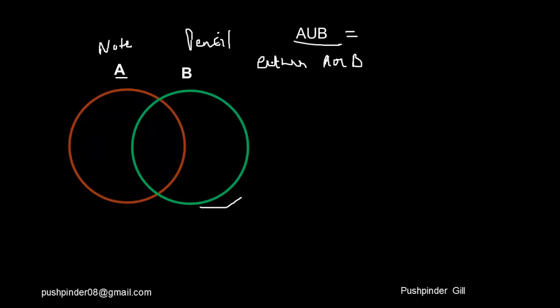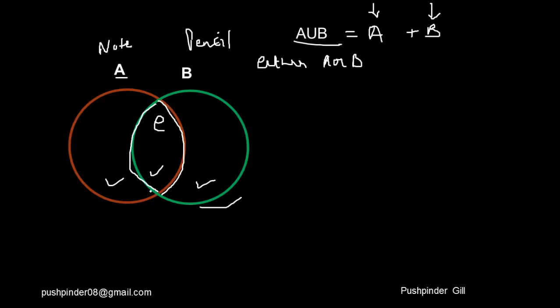Now let me do one thing. For A union B, I need this area once, this area once, this area once, because this is the whole A union B. So if I add A plus B, I have added A and B. Now let's look at this area in which both of them are together. Let me denote it by E. So E has been added once here, and E has been added once here.